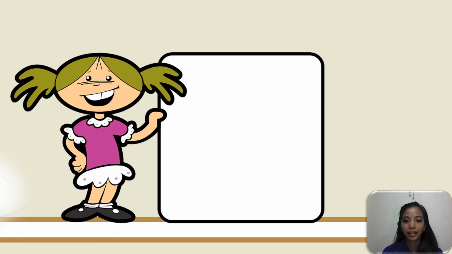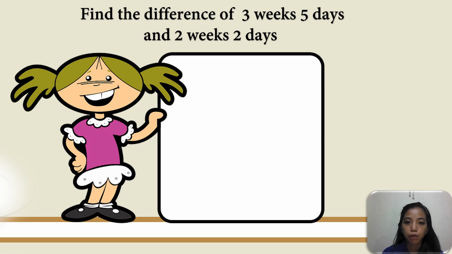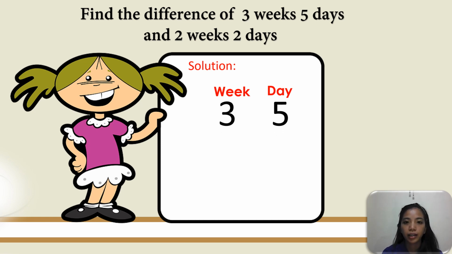First example in subtraction. Find the difference of 3 weeks, 5 days, and 2 weeks, 2 days. So for the solution, write the two units which are week and day. And then the first time given, we have 3 weeks and 5 days. And the second time given, we have 2 weeks and 2 days.